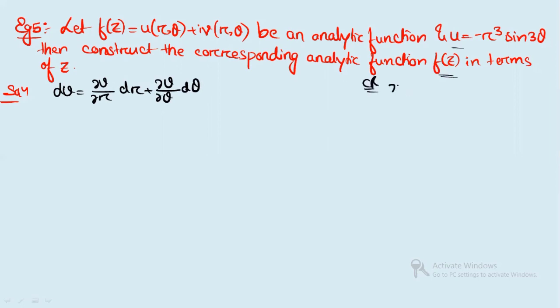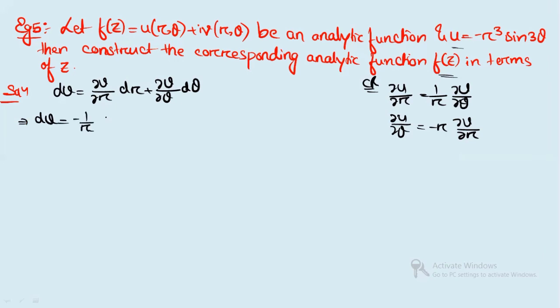Similarly, if you see here, the Cauchy-Riemann condition will be in the polar form del u del r equals 1 by r del v del theta, and the other one will be del u del theta equals minus r del v del r.